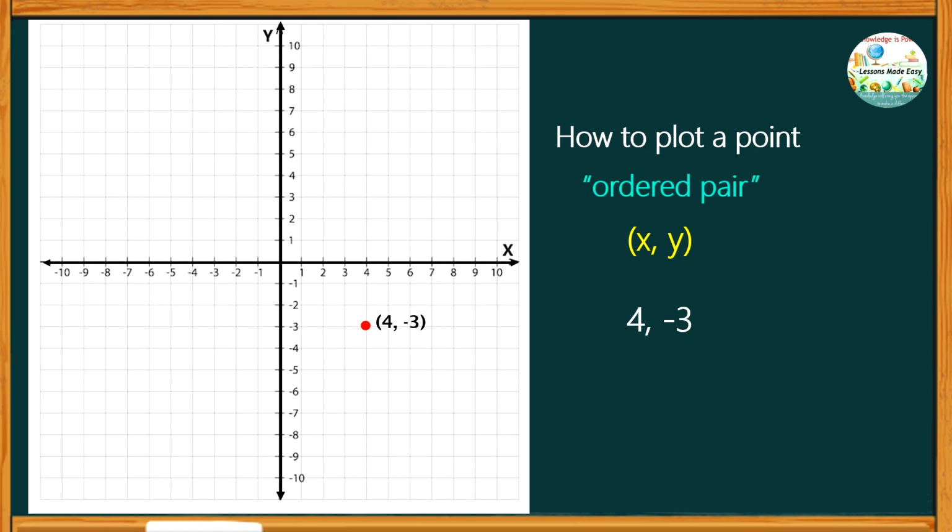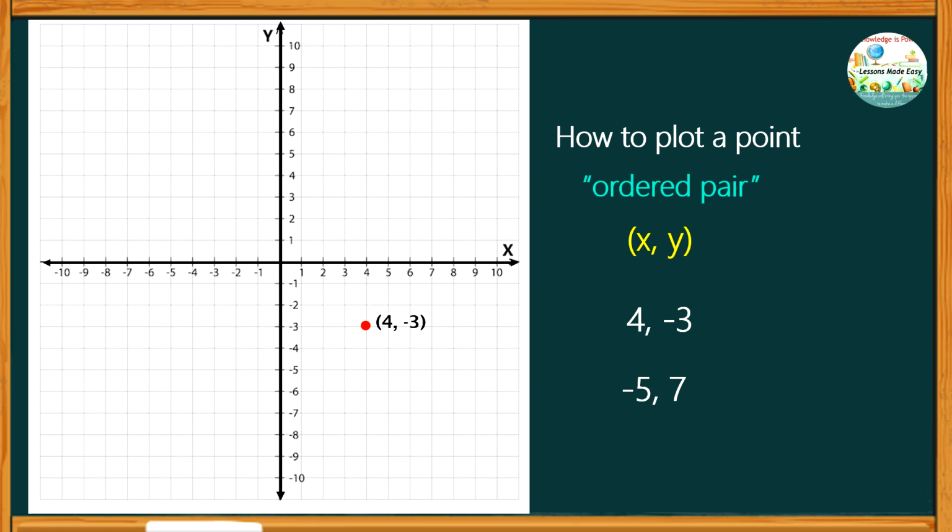Would you like to try another one? Try locating the point for this ordered pair, negative 5 and positive 7. The first number goes along the x-axis. Since it's a negative integer, we need to count backwards from 0 until we get to 5 units. We go 1, 2, 3, 4, and 5.